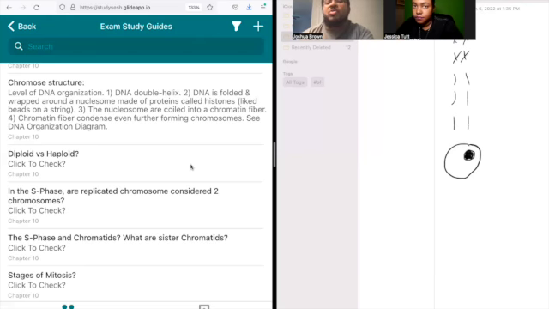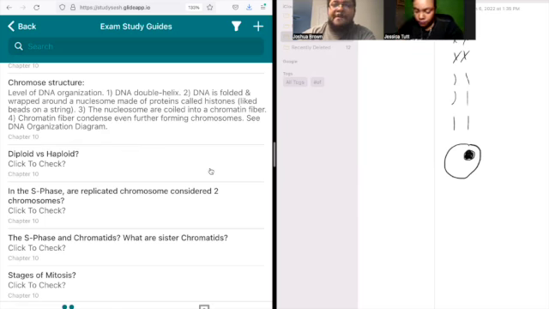Haploid is going to be 23 individual chromosomes. There are no pairs at all. They're mainly for sperm cells and egg cells. Those are the products. We'll talk more about those in the next chapter. For now, just know that haploid refers to half of a set of diploids.